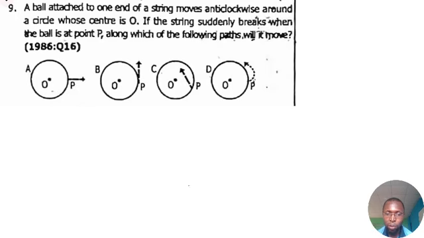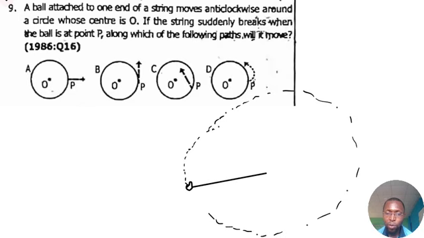So a ball attached to one end of a string. Let us draw the ball. This is the ball, and this is the string attached to it. The ball is attached to one end, this is the second end. Now, it moves anticlockwise around a circle. Let's say this ball is moving around the circle like that, keep moving like that around the circle.